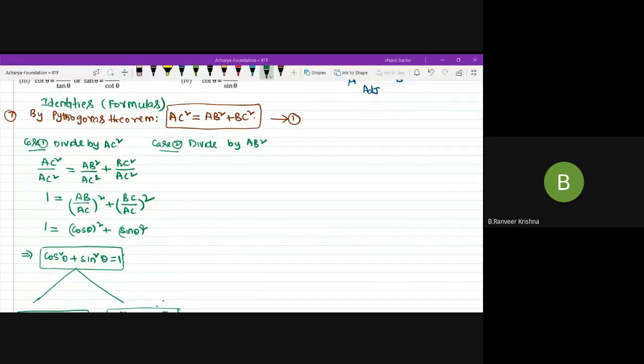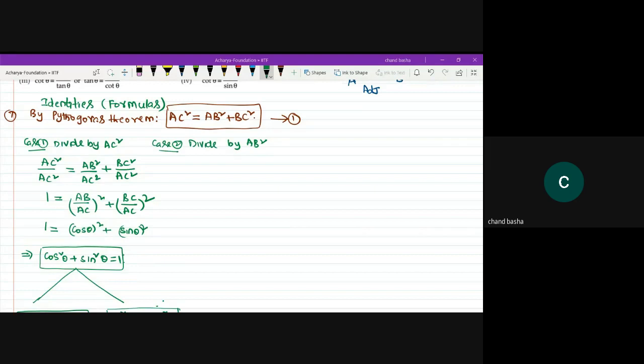Sir, by Pythagoras theorem we are deriving all these, so these are all assumptions? No, the right angle triangle Pythagoras theorem shows that the hypotenuse square is equal to the sum of the squares of the remaining two sides. We are not assuming anything. We are taking directly from the Pythagoras theorem.